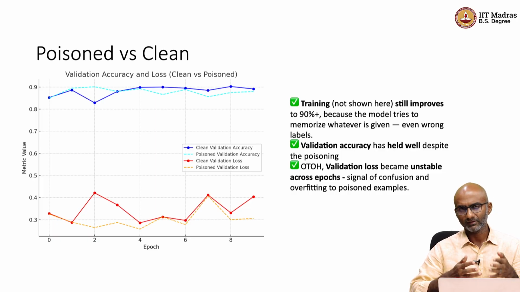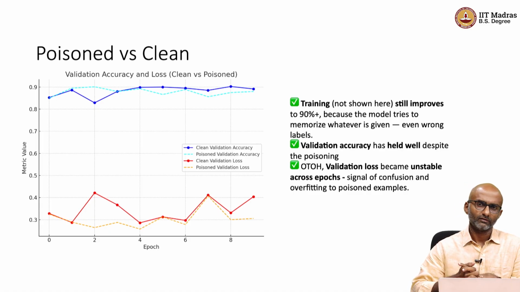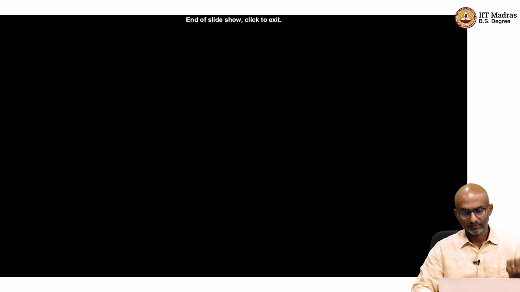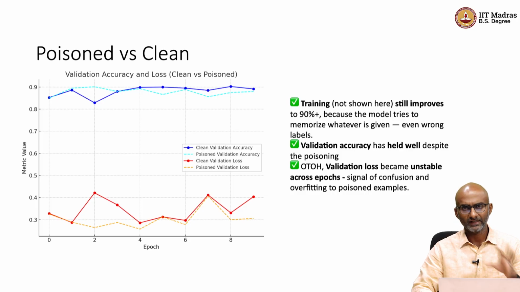So that's with 5% of the data. Imagine now with 10% of the data, how much of that poison will result in the model's accuracy or performance changing. So that's for you to try out. So with that, we close this lab on data poisoning.